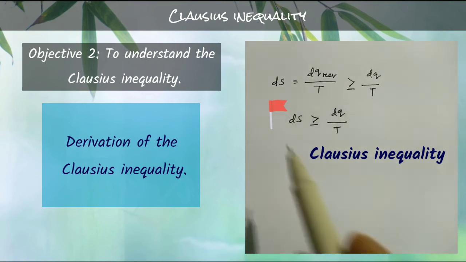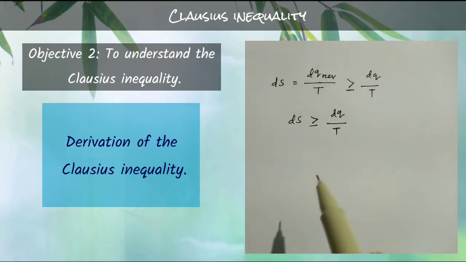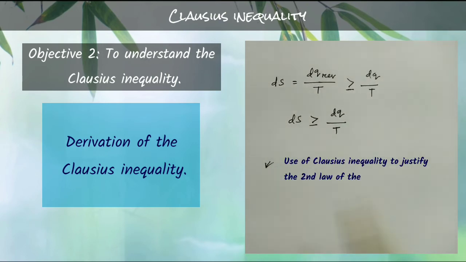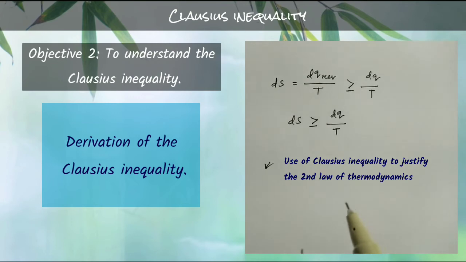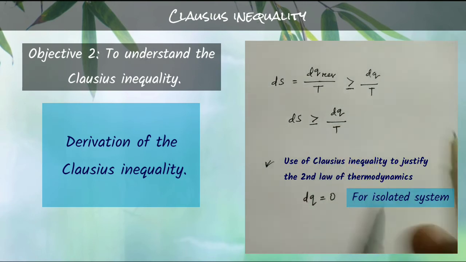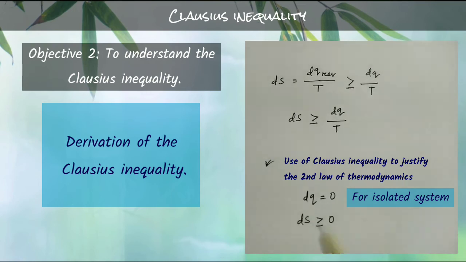Now we can additionally use this concept of the Clausius inequality to justify the second law, or the spontaneity of a process. Let us suppose the system is an isolated system. Then we know that for an isolated system dq equals 0. So we can put this value here, and the change in entropy becomes greater than or equal to 0.